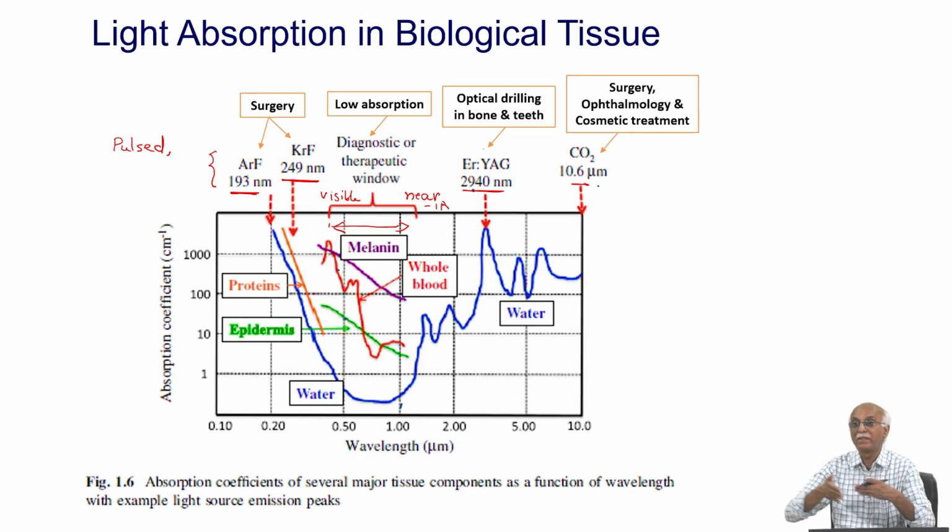By the time it propagates to capture some information, the light is getting absorbed by water molecules in the tissue, and from the reflected signal we will not be able to capture any information. So this 1.5 to 2 micrometer wavelength range is not so useful for depth information, but it is still useful for sensing purposes.